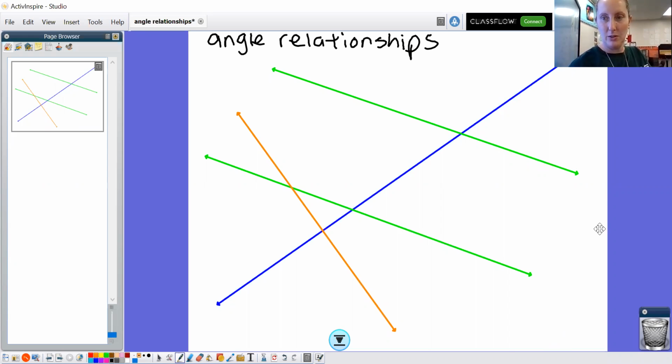Let's move me down in the corner here. We're going to start with something you probably already know. Grab your highlighter and I want you to highlight really carefully. Not like that, let's make this a little bit smaller. Let's choose green.